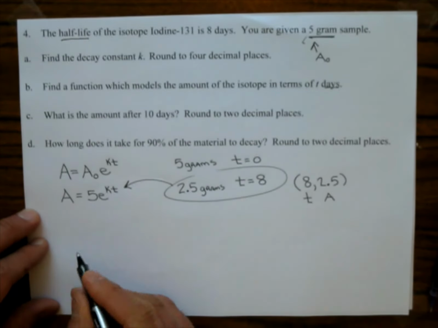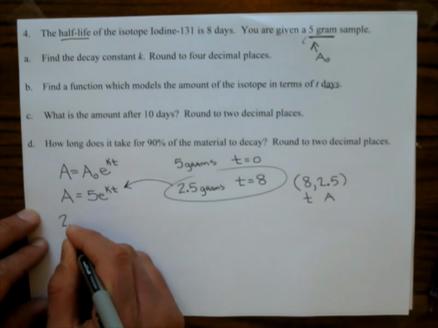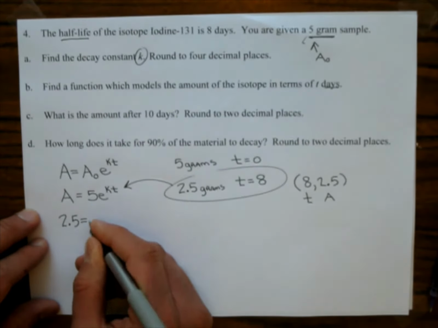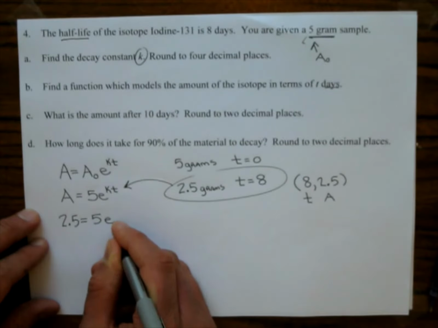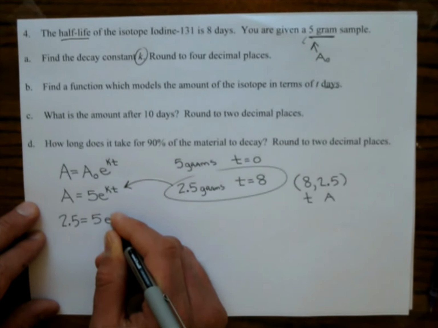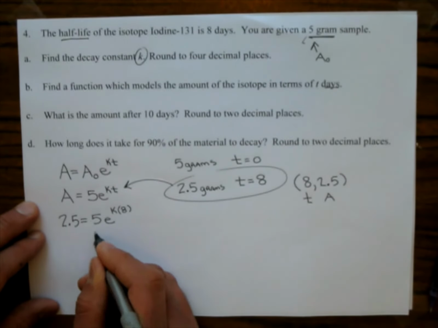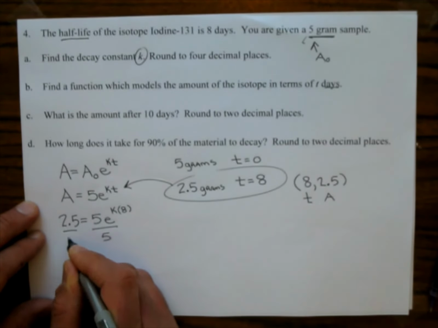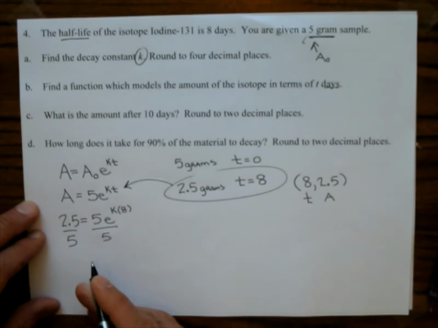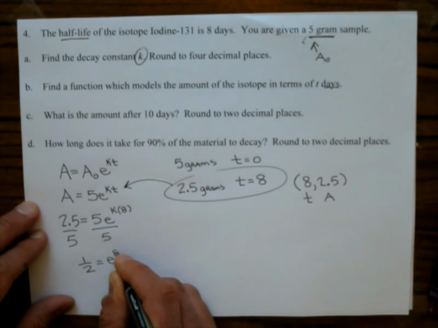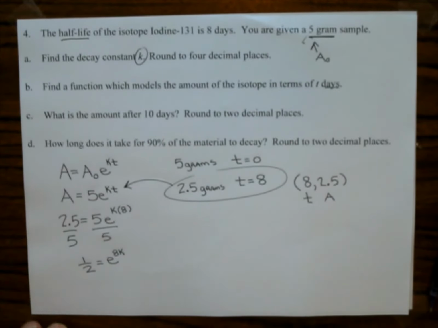So let's go put that in there. We have 2.5. We're asked to find the constant. This equals 5e raised to the k times 8 power. I'm going to divide both sides by 5. 2.5 over 5 is 1/2. This equals e raised to the 8k power.